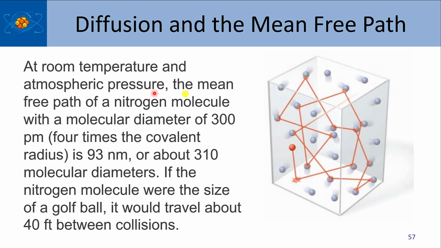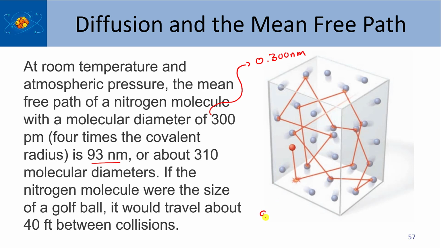At atmospheric pressure, the mean free path of a nitrogen molecule with a diameter of 300 picometers, which I'm just noting is about 0.3 nanometers, just to put it in perspective, so that's about how big a molecule is, travels 93 nanometers before it hits anything.